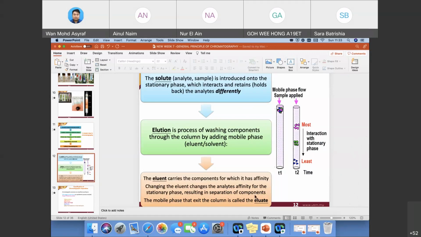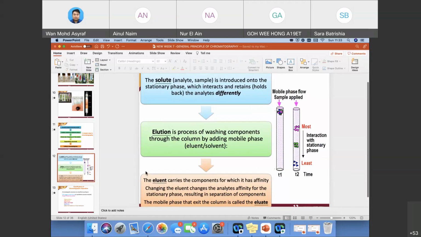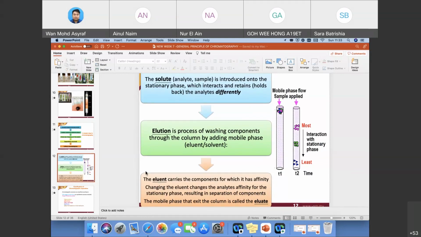So this is how, for example, when there is a question later on asking you to explain what a chromatogram is all about, you are going to explain it. It is important for me to make sure that you understand the concept rather than you just read it.